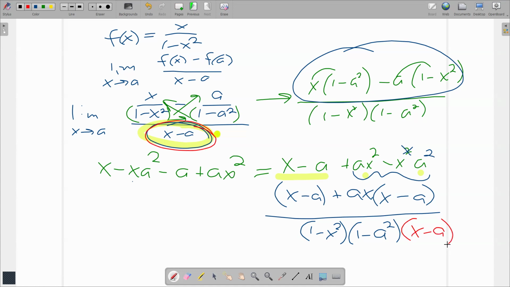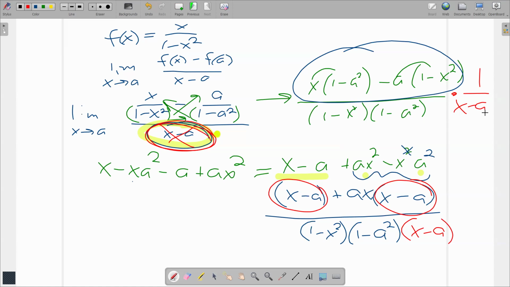You can cancel out one of them. Wait, how do you get the x minus a down there? Right here, instead of dividing by that, I'm going to multiply by 1 over x minus a, times ax.